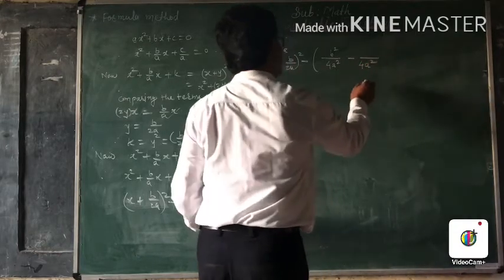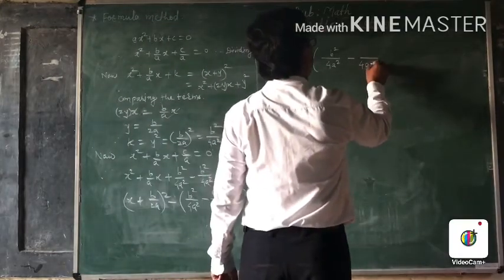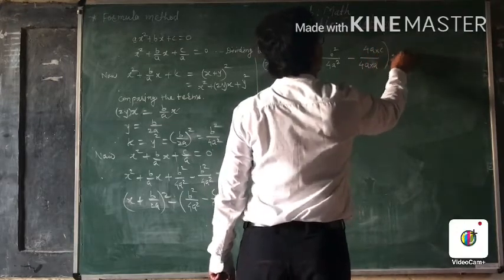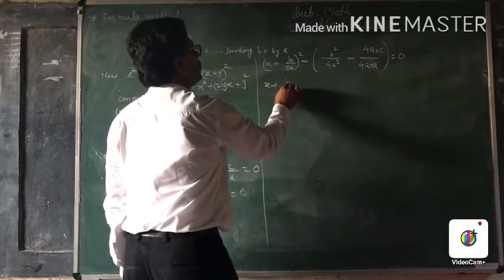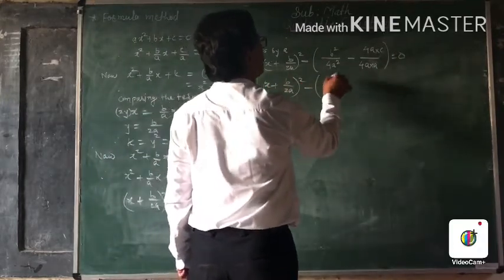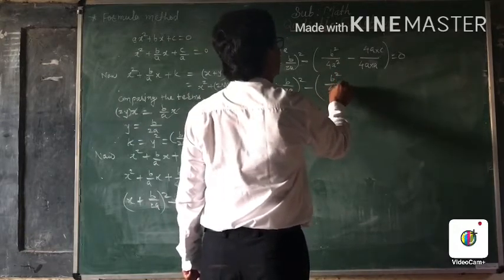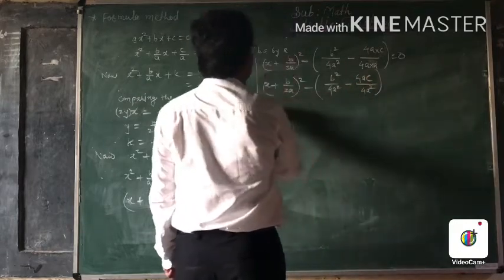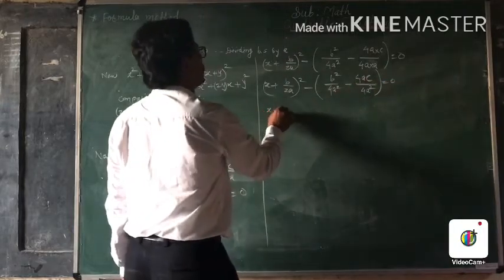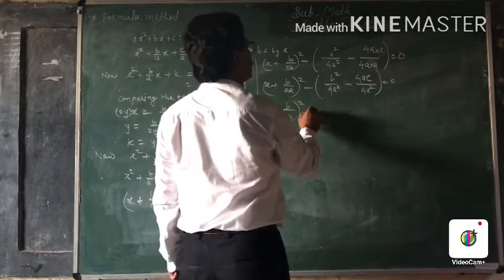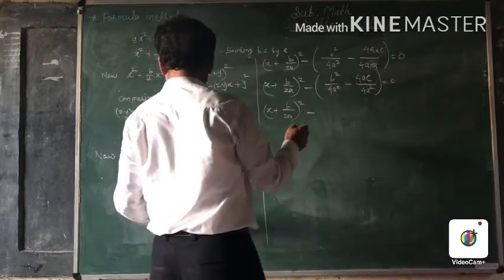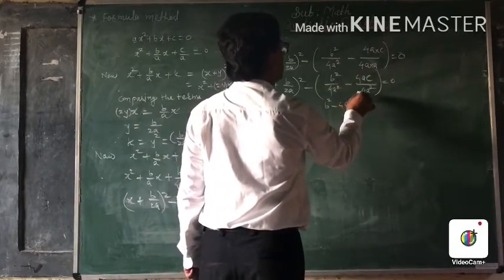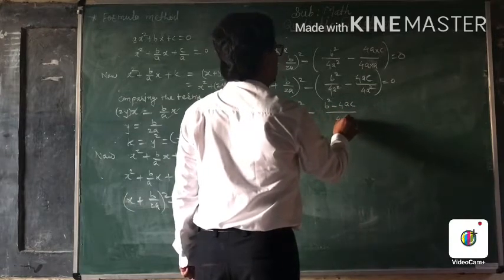Here is a, already 4a into a, means here is 4a into c is equal to 0. x plus b upon 2a bracket square minus b square upon 4a square minus 4ac upon 4a square is equal to 0. x plus b upon 2a bracket square minus, the subtraction, b square minus 4ac upon 4a square.